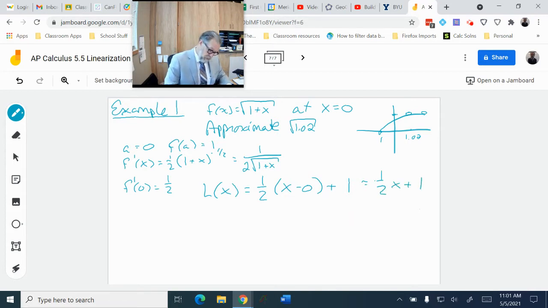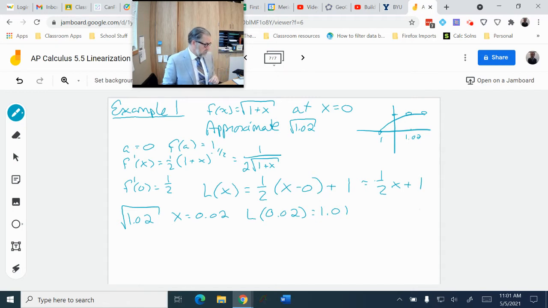So for our approximation of the square root of 1.02, we know that x is equal to 0.02, which means that L of 0.02 is equal to 1.01. So there we go.